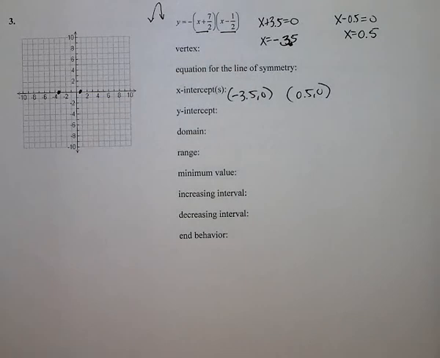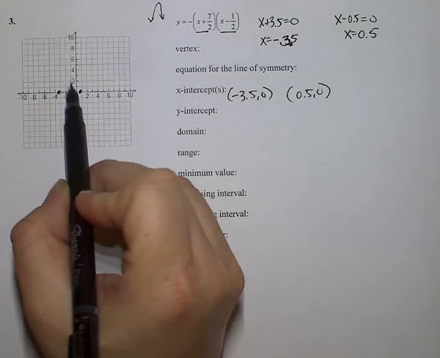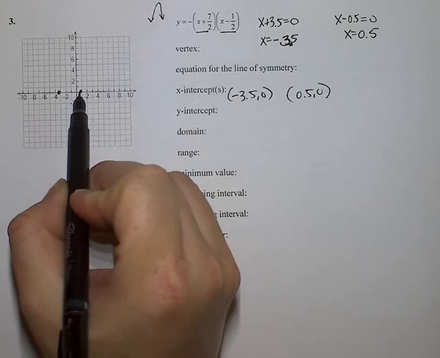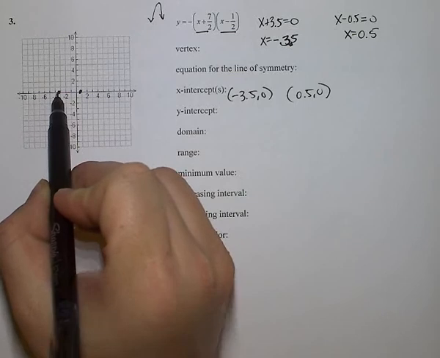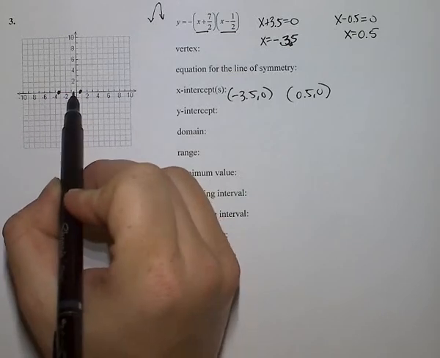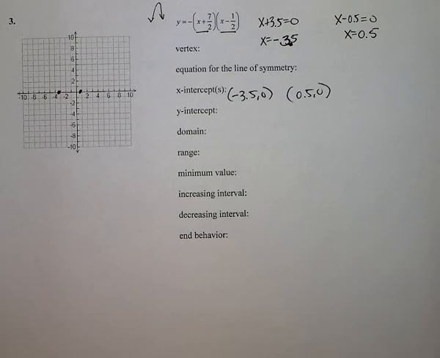Okay, think about the number line. If somebody said make a dot at 0.5 and make a dot at negative 3.5, and I said, what is the distance between those two? How many units would it be? Let's count. Okay, so we're at 0.5. 1, 2, 3, 4. 4 units. Half of 4 is 2.